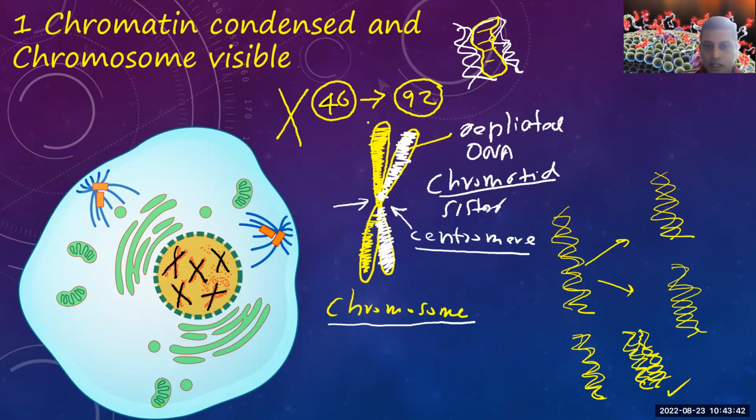So we have to count. This is the one chromosome, and that's the second one now. 46 chromosomes duplicated, so it should be 92 then. But the 92 attach to each other like this. It's not separated yet. In a cell, we don't see it like this drawing.